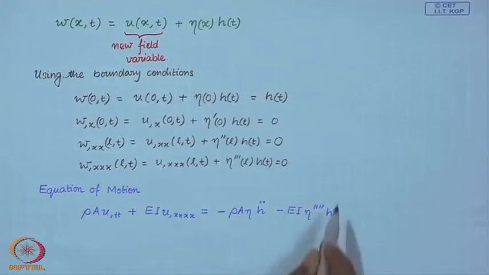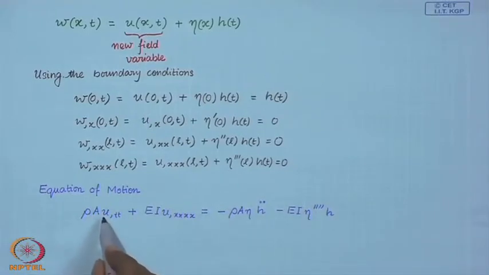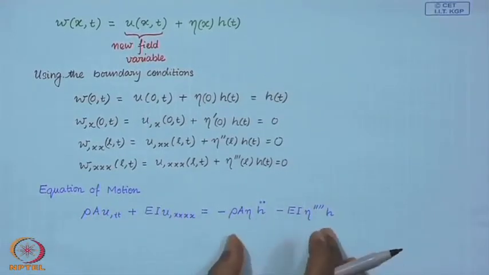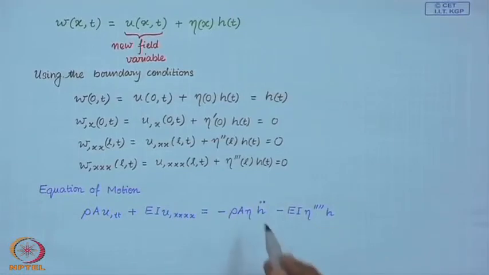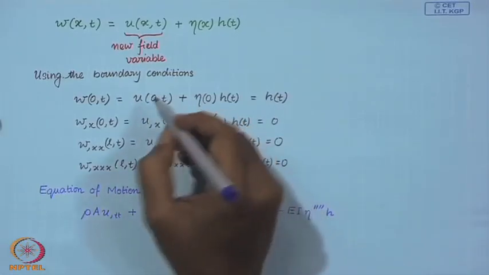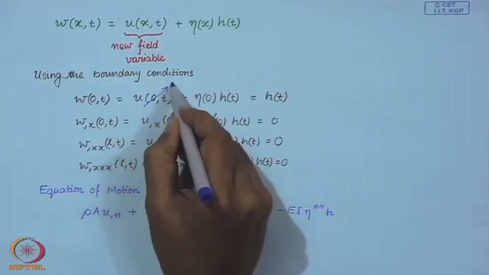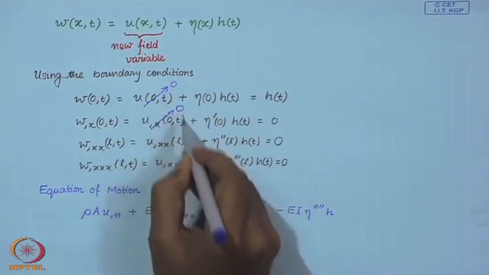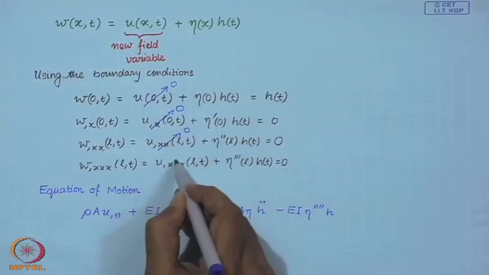Now, we would like to have homogeneous boundary conditions for this equation of motion. The field variable is u, and the right hand side we now have in terms of the time varying function h and as yet unknown function eta. So, if you want to have homogeneous boundary conditions for u, this must be 0. So, these are all 0.